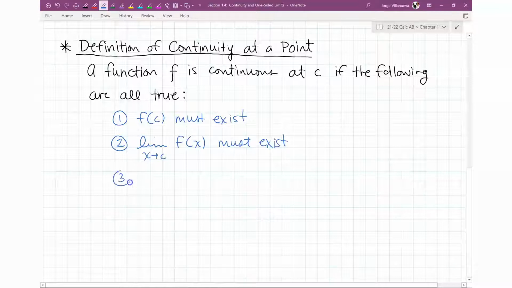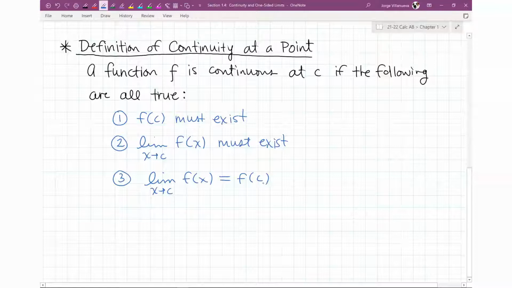And step 3, basically step 1 has to equal step 2. So the limit as x goes to c of f of x must be f of c. So step 1 has to be equal to step 2.